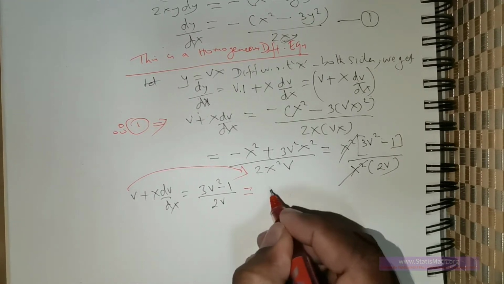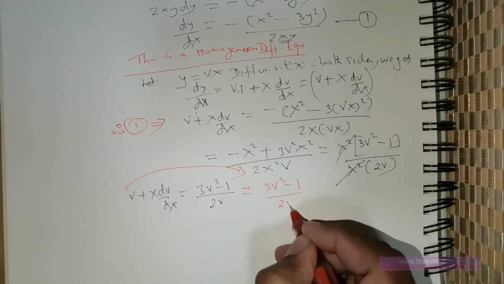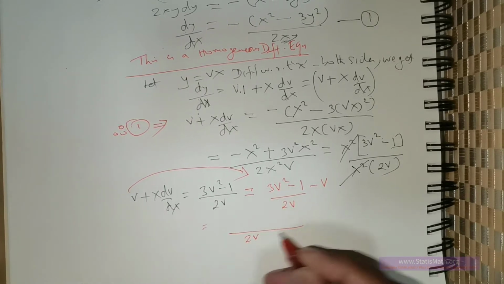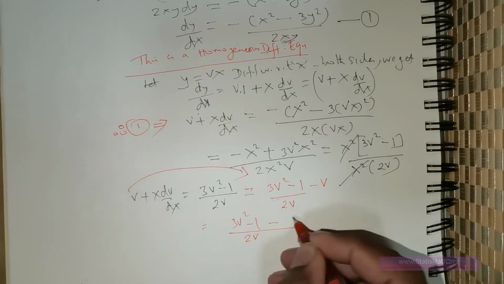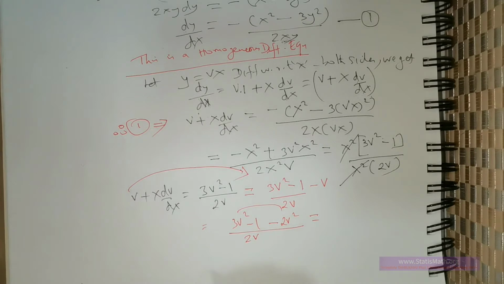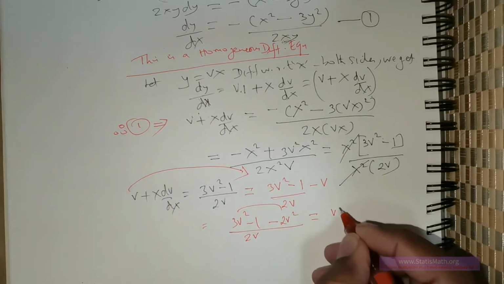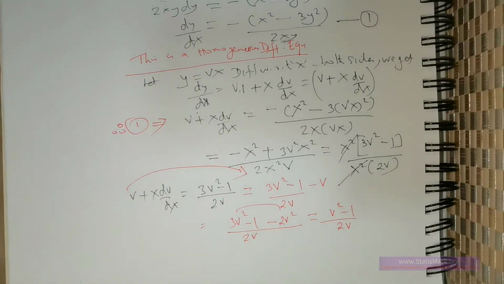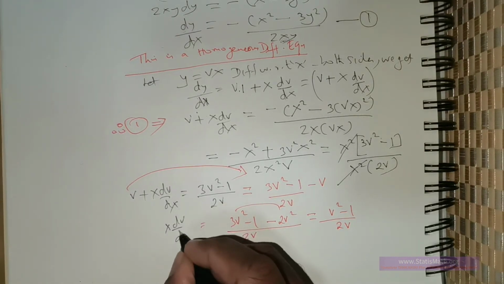So that is going to give me (3v squared minus 1) divided by 2v minus v. I take the LCM as 2v, so this is going to be 3v squared minus 1 minus 2v squared, which, subtracting 3v squared and 2v squared, gives me (v squared minus 1) divided by 2v. On the left I've got x times dv over dx.